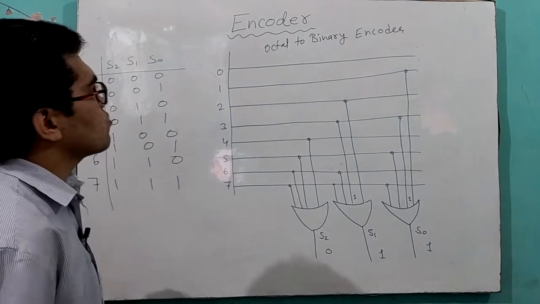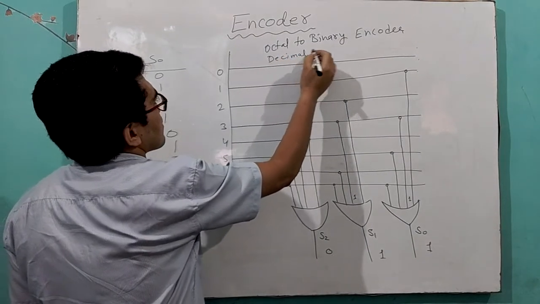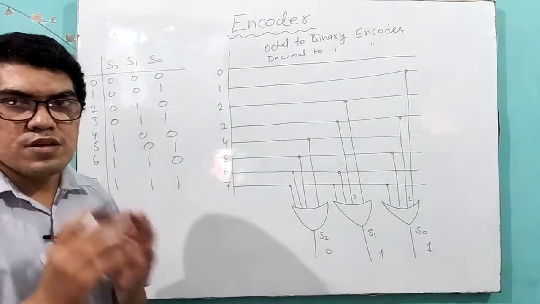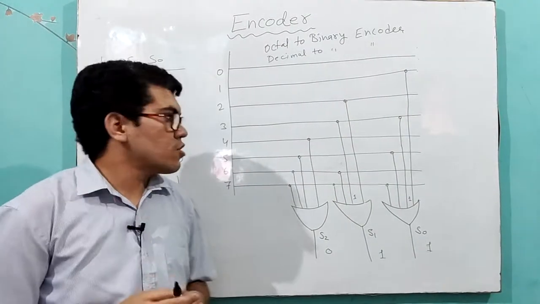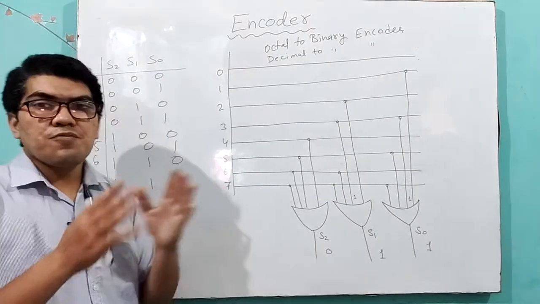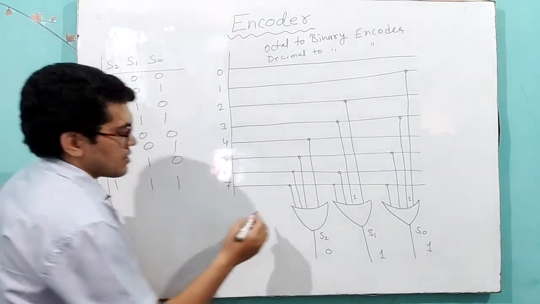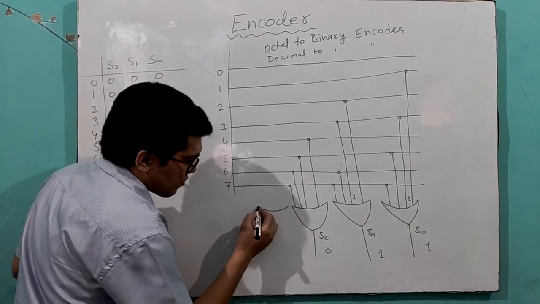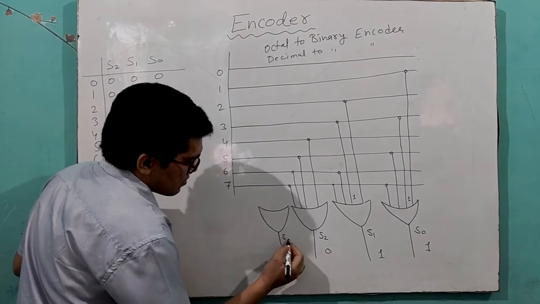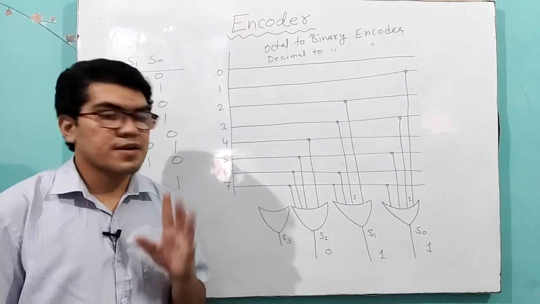Now if you want to make a decimal to binary encoder, as I told you before, for a decimal to binary encoder we will need 4 outputs. So in that case we have to make one more gate, let's say S3.